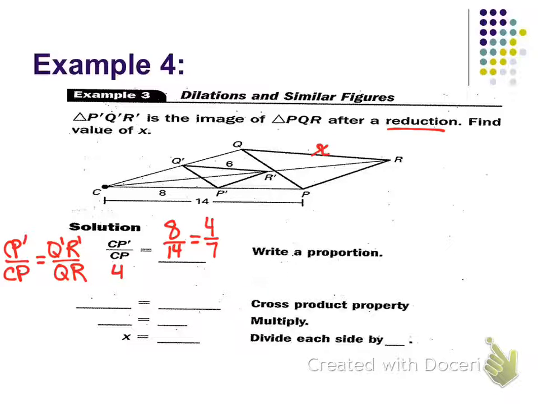So we already figured out CP prime over CP is 4/7. What's the distance of Q prime R prime? 6 over, what's the distance of QR? We labeled it as x. So now we're on the right track of what they were wanting us to do.